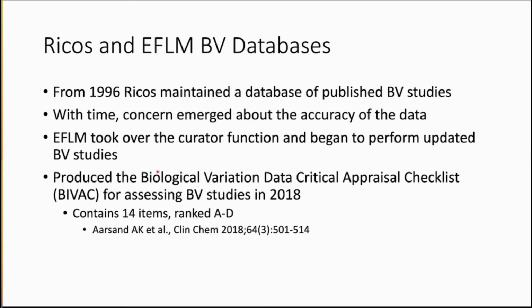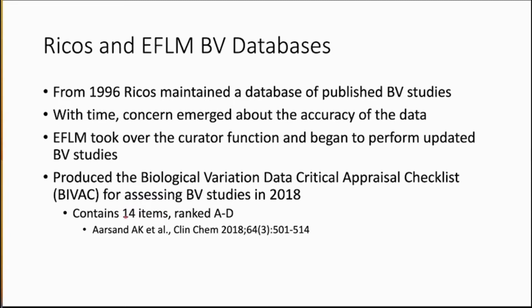And so the European Federation of Lab Medicine took over this curator function, and they began to perform organized, updated biological variation studies for many common clinical chemistry and hematology analytes. And they also produced what's called the Biological Variation Data Critical Appraisal Checklist, which is used for assessing biological variation studies.